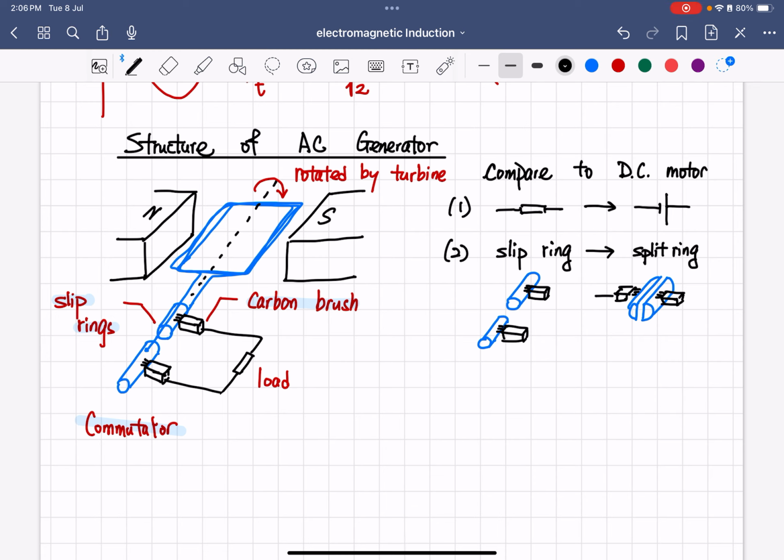But this is very important. The difference is, for the case of a DC motor, after half of a circle, the split ring will be connected to a different carbon brush. So it leads to a reversal of current every half cycle. So it has this function.